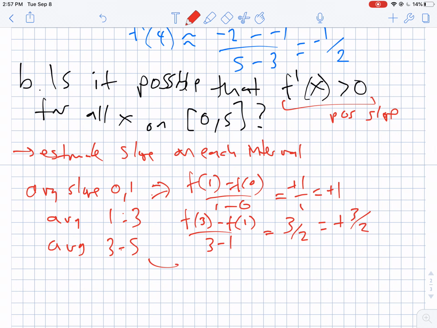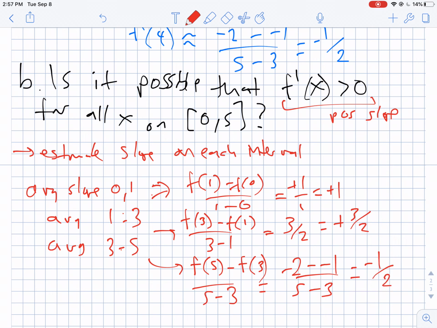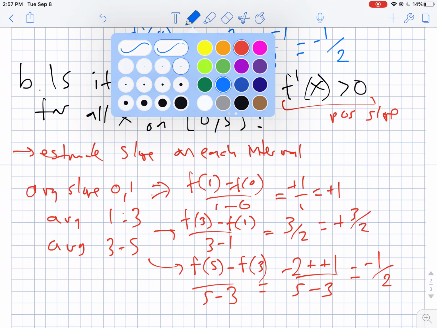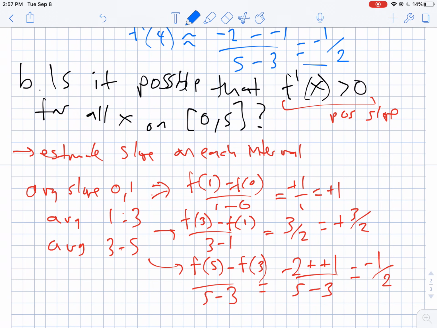What about from 3 to 5? That average slope would be f of 5 minus f of 3 over 5 minus 3, which is negative 2 minus negative 1 over 5 minus 3. So that's going to be negative 1/2. So the question asks us, is it possible that we always have a positive slope? Well, the answer is no.